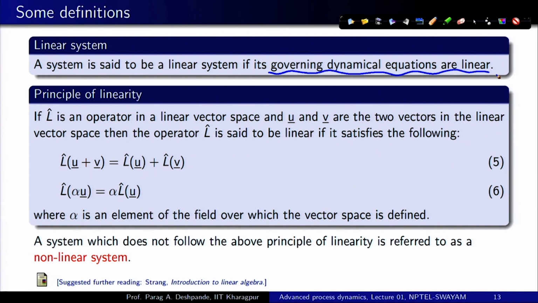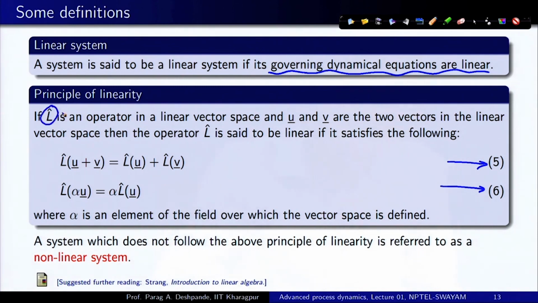Again, what is the meaning of the term that the corresponding operator is linear? Well, it needs to satisfy two conditions given by equations 5 and 6. Let us see what is the meaning of these two conditions. Let us imagine that I have identified L hat as the operator.